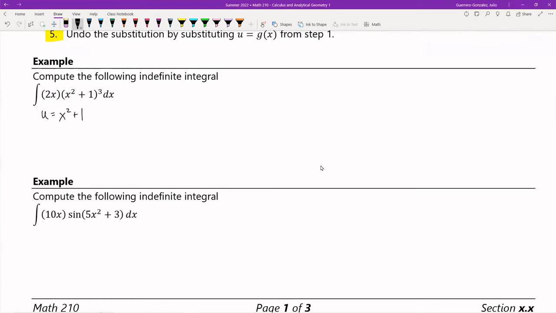right? And then I'm going to do du over dx. I'm taking the derivative of u, the derivative of my substitution, that one right there. I'm going to take the derivative and I'm going to get 2x. I'm going to arrange this nicely so I can get du is equal to 2x dx.